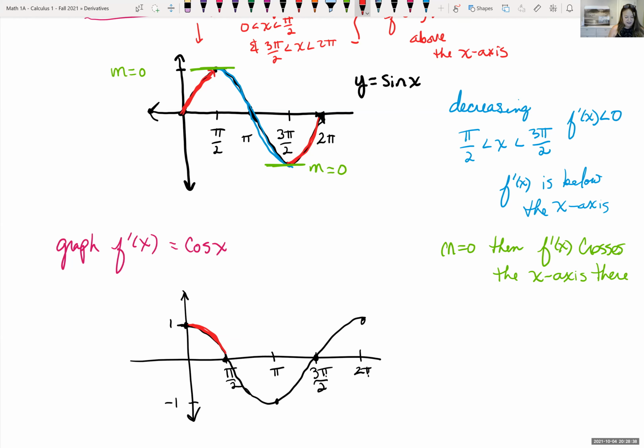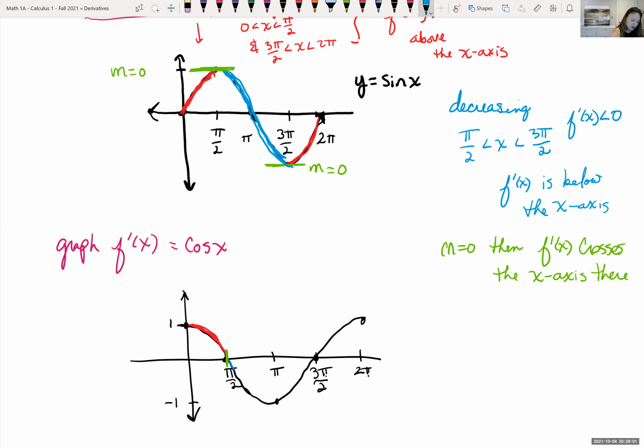Then we said that when our slope is 0, that's where it's crossing the x-axis. So notice we have slope 0 for the original function, and it's crossing here at pi halves. We then said, okay, when our function is decreasing, then our derivative function has to fall below the x-axis.